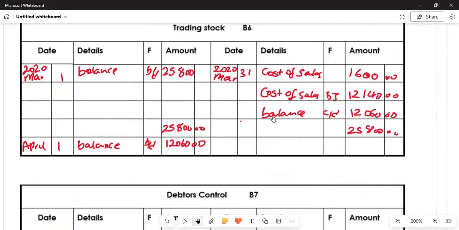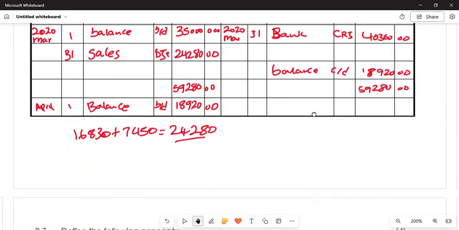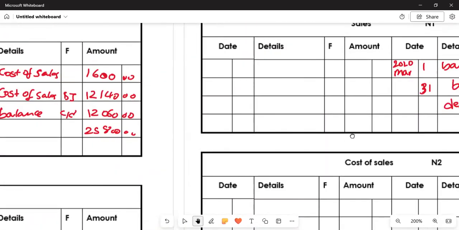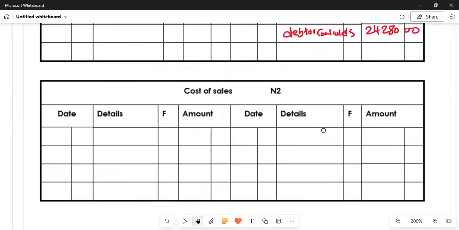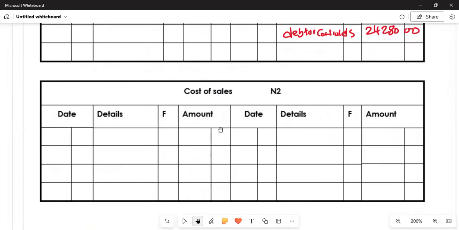So now we are to move on to cost of sales as our last account before we can get to another question. Cost of sales, it is going to have what? Debit balance.